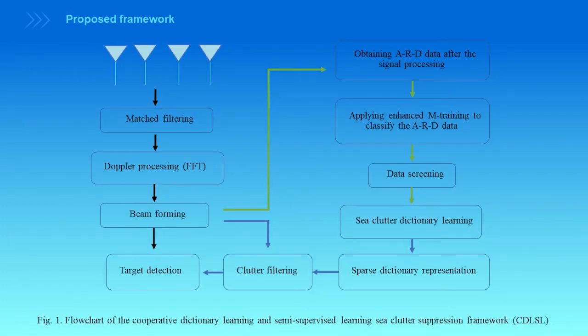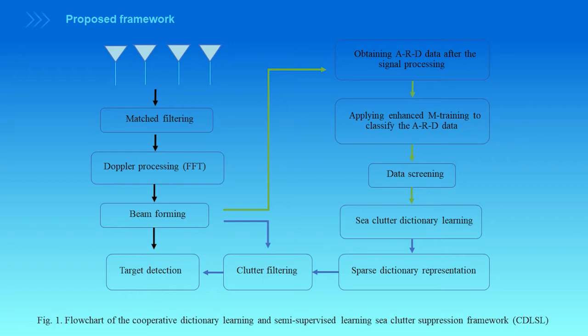We propose a cooperative dictionary learning and semi-supervised learning clutter suppression framework to solve the clutter problem and named it CDLSL. In essence, sparse representation applies an equipped dictionary, and dictionary learning further exploits the crucial information in the dictionary.